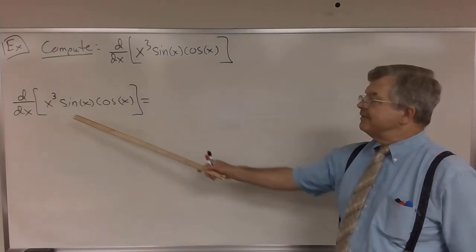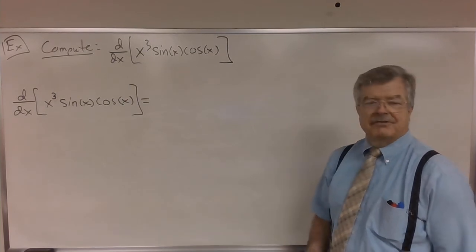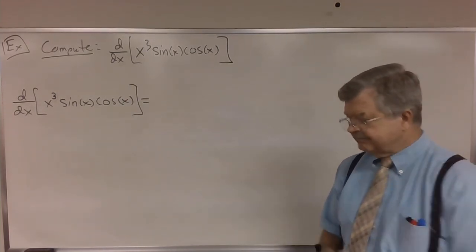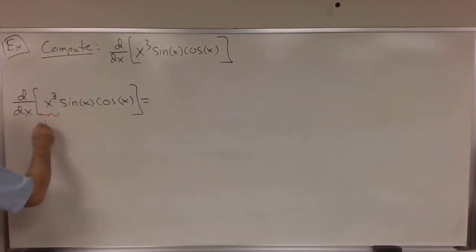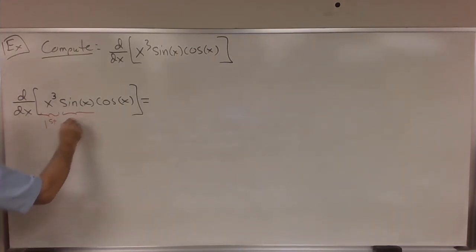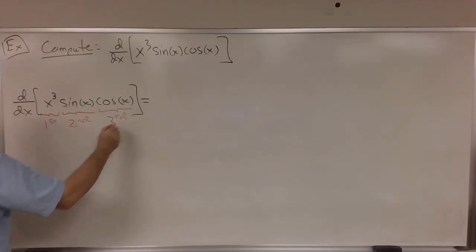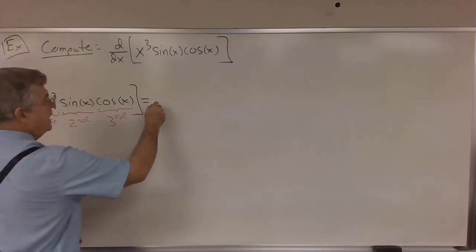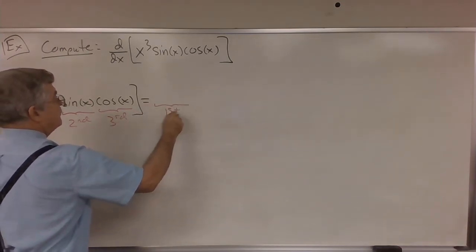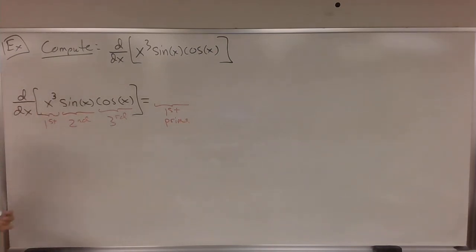Okay, the derivative of the product of three functions, x cubed, sine of x, cosine of x. The first thing I'm going to do is just label these first, second, and third. And I'm supposed to get first prime times everything else.